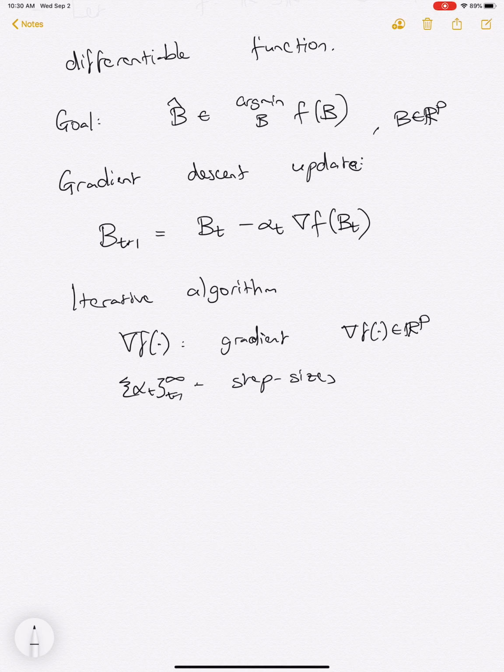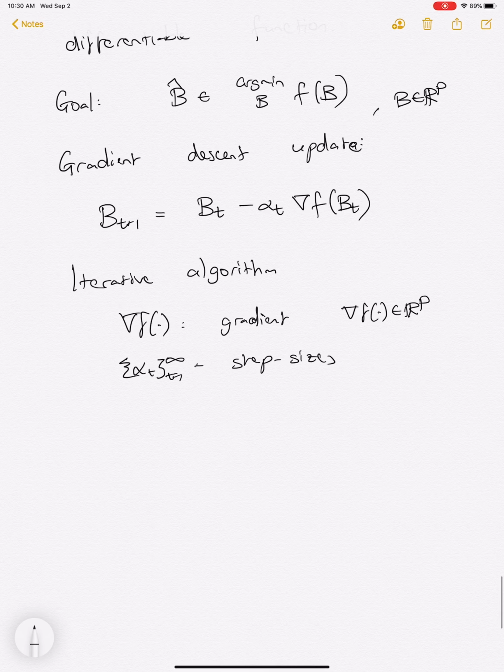We're going to talk more about how to choose those step sizes in a reasonable way. You also have a starting point. Obviously, it's an iterative algorithm, so it has to start somewhere.